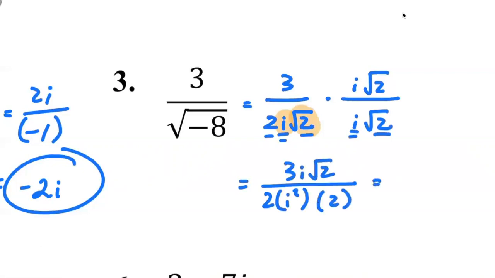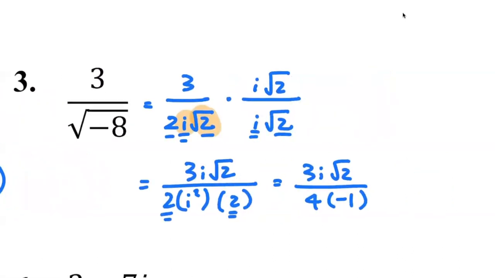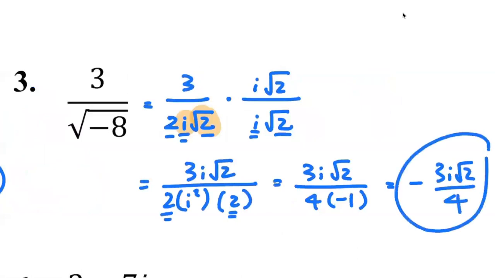So we have 3i root 2, and then 2 times 2 is 4. What's i squared? We have said i squared plenty of times now, don't we? That's -1. So what's the final answer? Negative 3i root 2 over 4. Done.